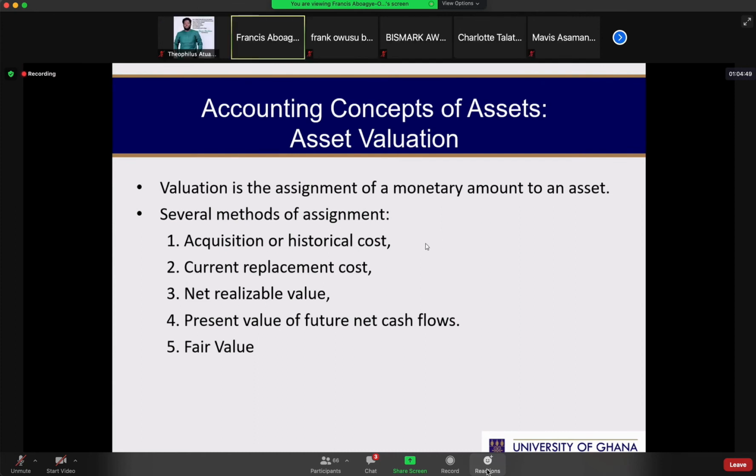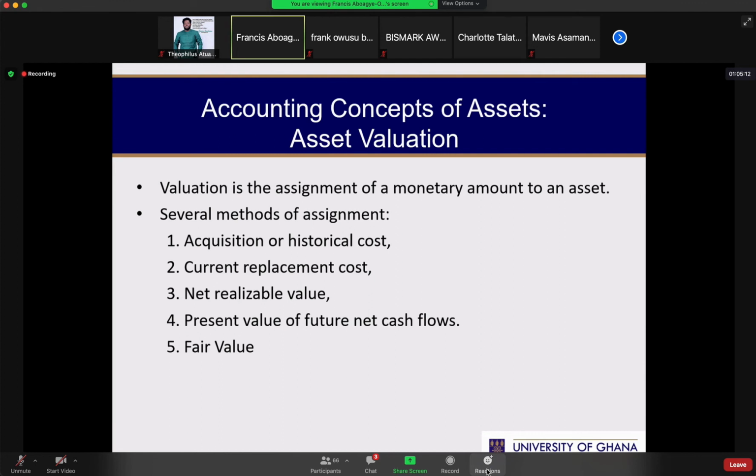Then the next is net realizable value. Net realizable value represents the value of an asset after taking into consideration the cost of selling the asset.